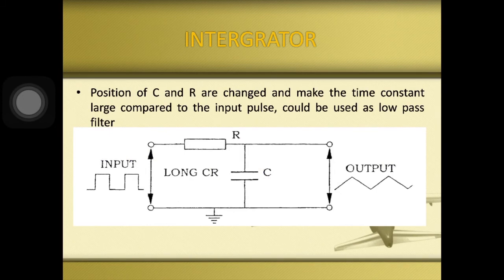In this diagram, the positions of the capacitor C and resistor R are changed to make the time constant large compared to the input pulse, so this could be used as a low-pass filter.